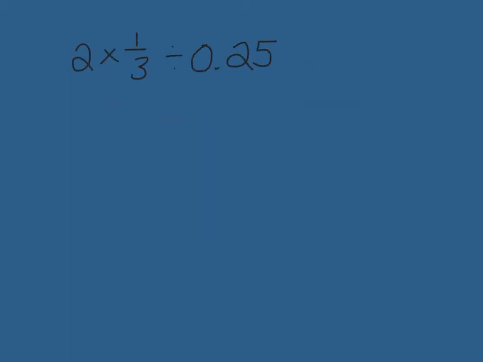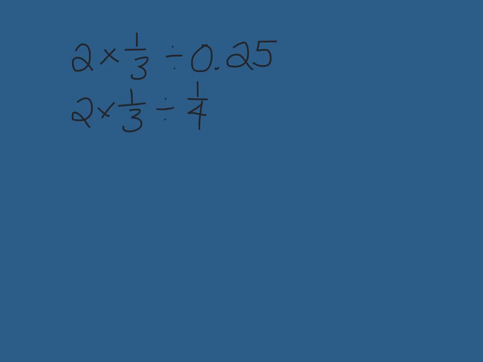Here's the next example. 2 times 1/3 divided by 0.25. 25 hundredths is the same as 1/4. So I'm going to go ahead and rewrite this as 2 times 1/3 divided by 1/4, since that equals the same thing.